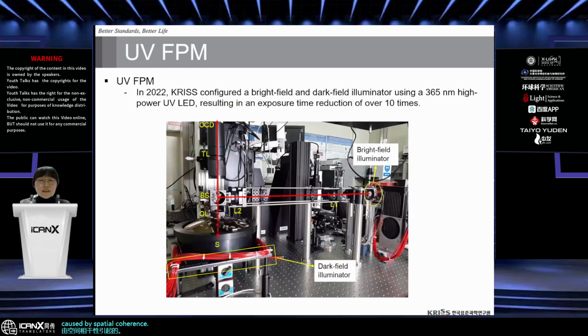From last year, we've been experimenting in the UV range. We began by setting up a reflective FPM using 365 nanometer high power LEDs. The 365 nanometer LEDs give high intensity light, so we could cut the exposure time drastically and obtain data much faster than before.